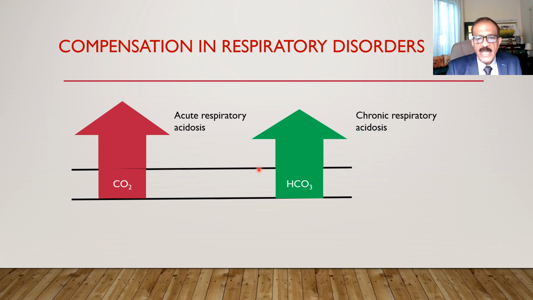So you can differentiate acute respiratory acidosis from chronic respiratory acidosis from bicarb level. In acute respiratory acidosis, you will have just increased carbon dioxide, bicarb will be normal. In chronic respiratory acidosis, you will have increase in both.